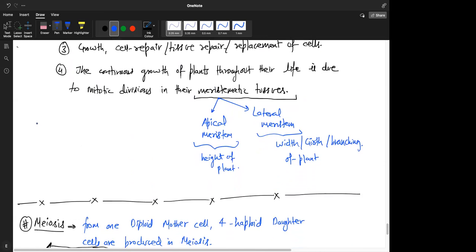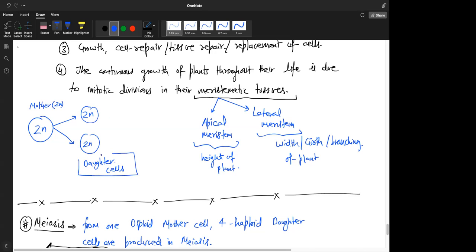In mitosis, we start with 2n, and then there is only one cycle, and the daughter cells are also 2n and 2n, right? Mother cell, diploid, these are daughter cells. So this is simple. That's why it's called equational division.